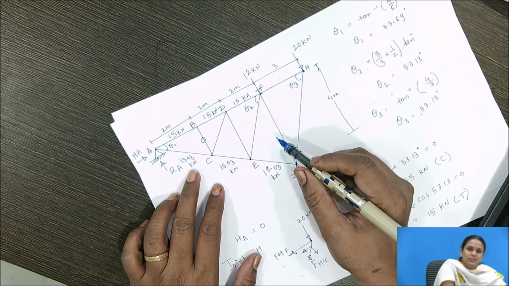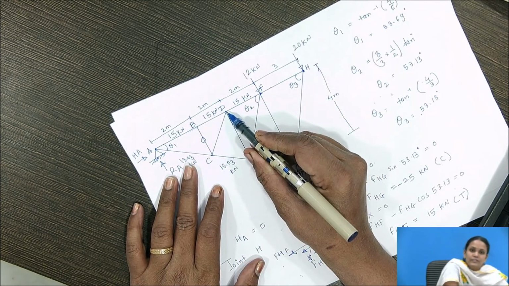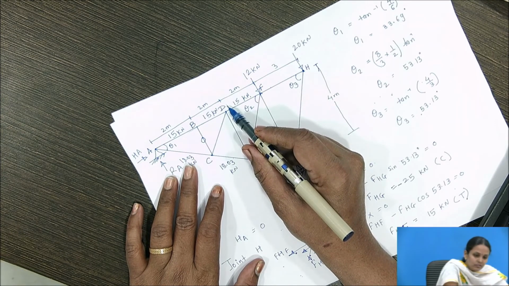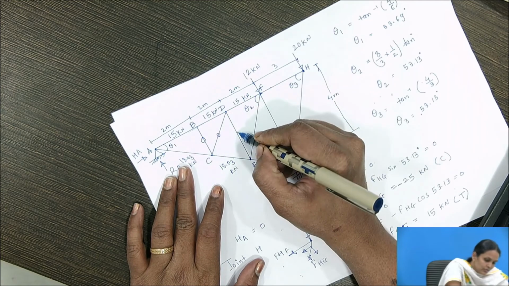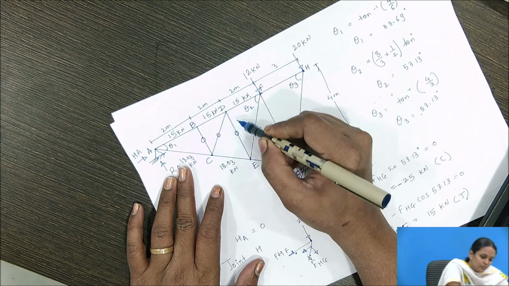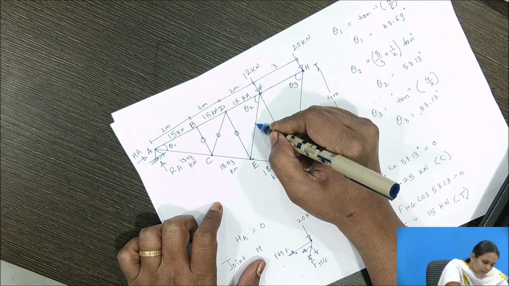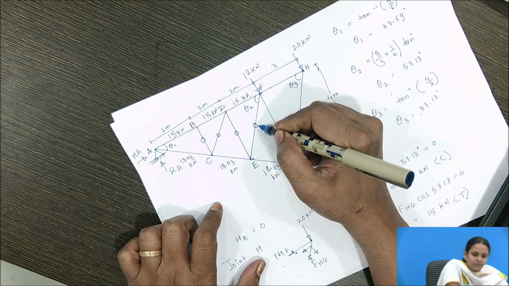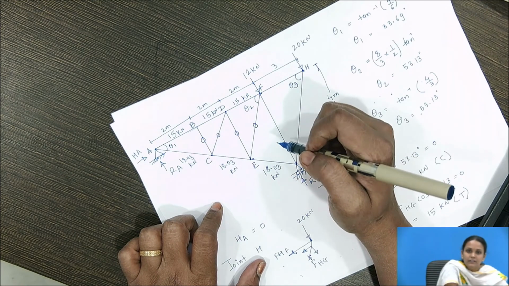If you observe the joint D, there are no external forces acting on the joint. So for this reason we will get the force in member CD, the force in member DE as well as the force in member EF are the zero force members in the entire truss.